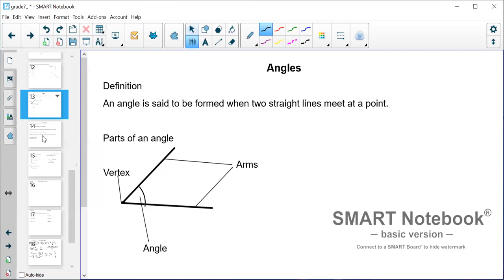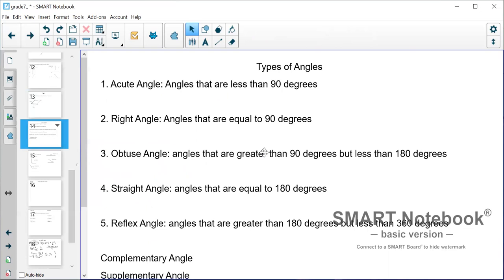Moving on, we want to look at the various types of angles now. And again, this is not something that is new to you, right? Most of you should have knowledge of the different types of angles, right? So here we have acute angle, and it says that these angles, they're less than 90 degrees. So any angle that is less than 90 degrees is considered as an acute angle.